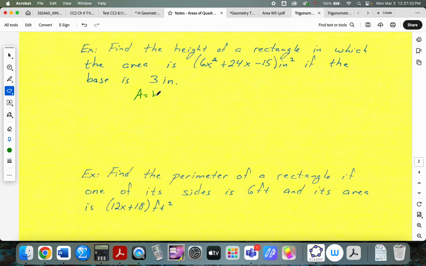So we've got area is equal to base times height. So the area, which is 6x squared plus 24x minus 15 square inches, is equal to the base, which is 3 inches, times the height.